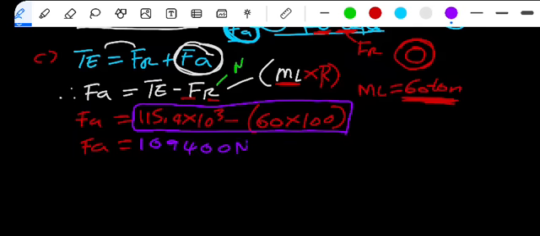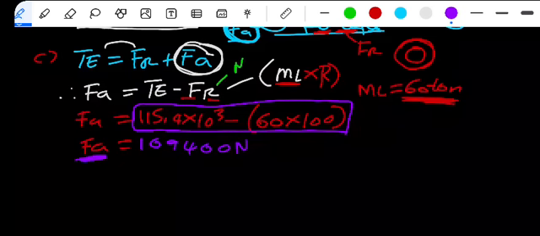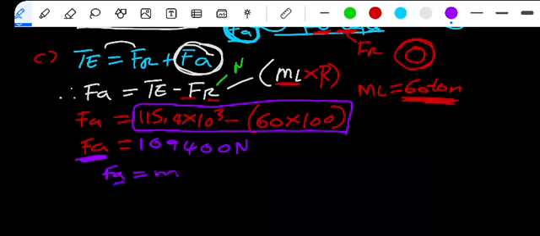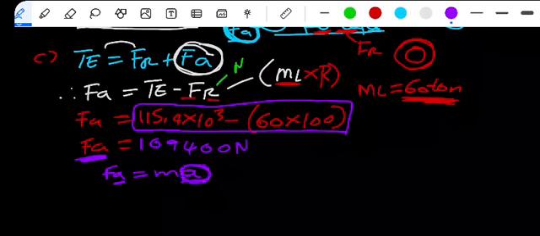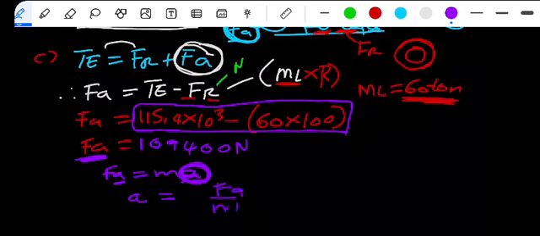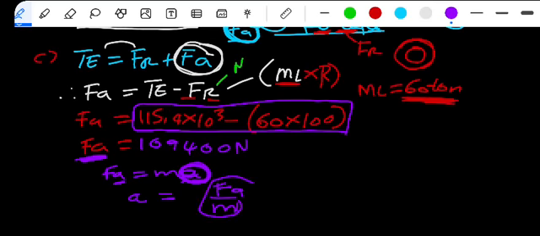Now remember, guys, FA alone is given by mass multiplied by what? Force is mass multiplied by the acceleration. We want the acceleration, so you make the acceleration the subject: A will be FA divided by the mass.